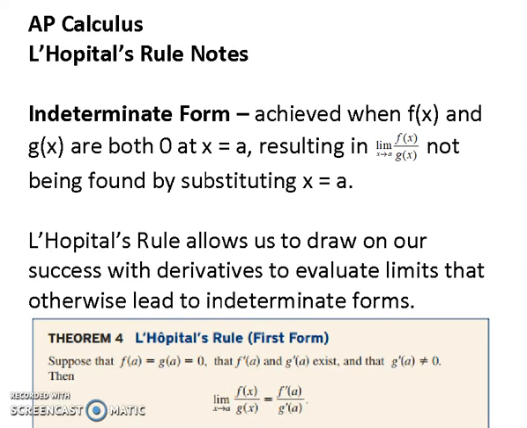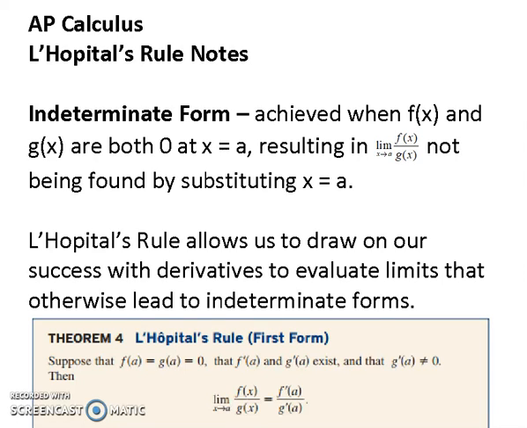So that's one of the situations. We've done some problems with limits where when we substitute in whatever value it is that x is approaching, we end up with 0 over 0, or even something over 0, 0 being in the denominator. And so the substitution doesn't work for us.